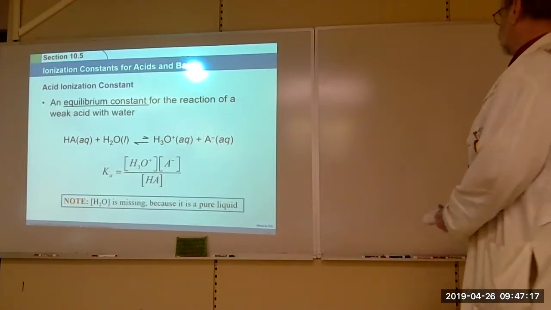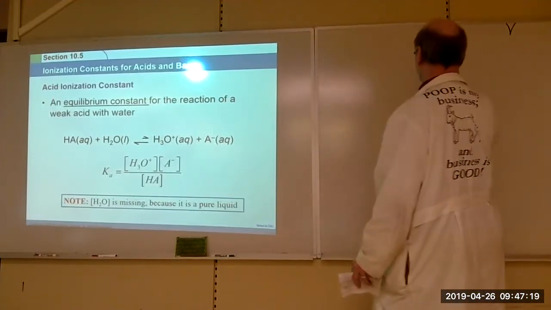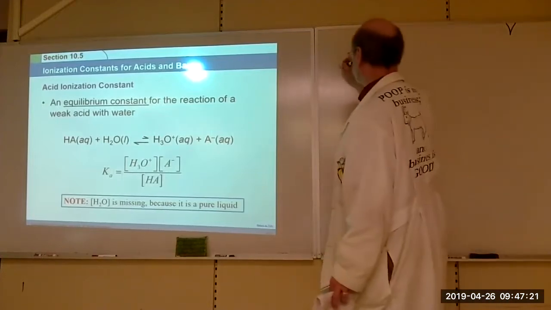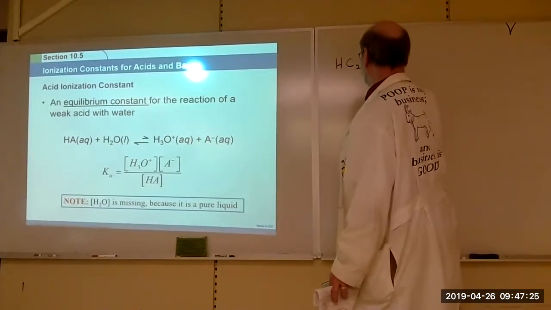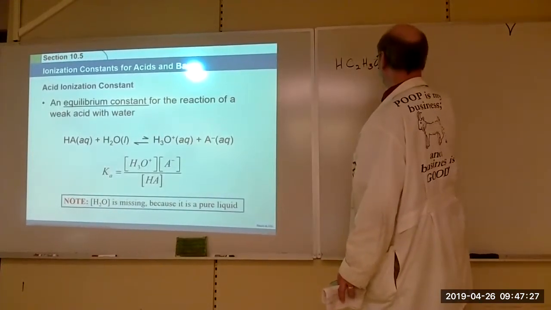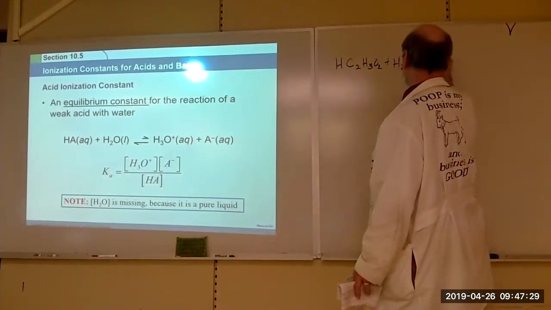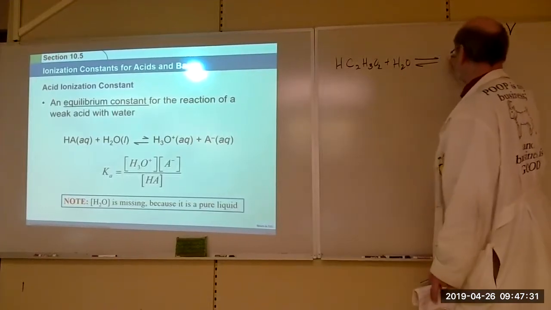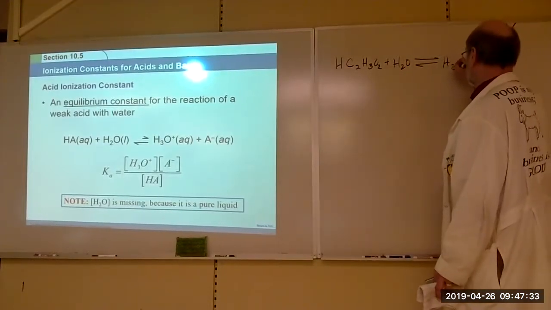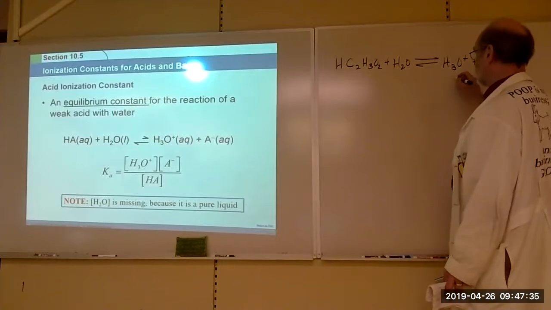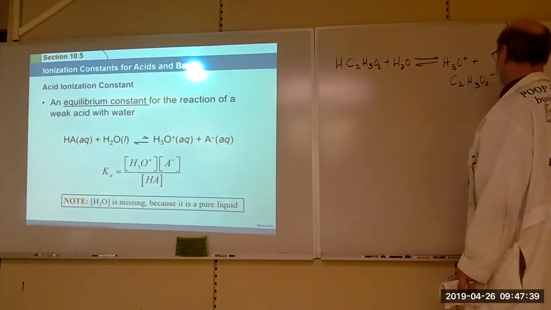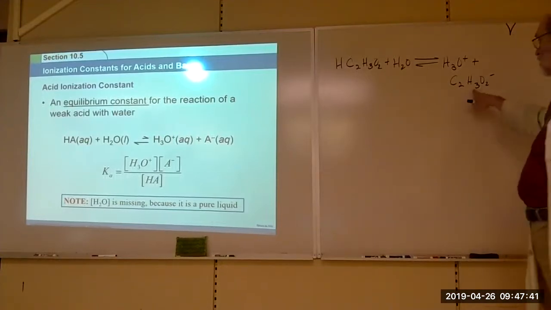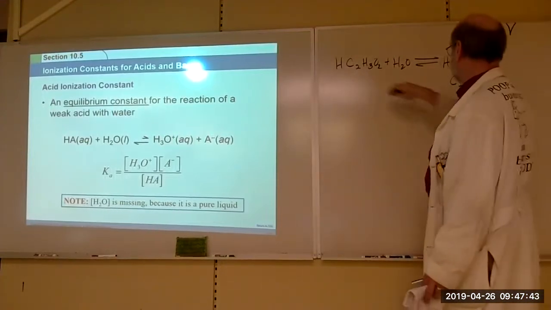For instance, acetic acid. Okay, reacted with water, and you get hydronium plus acetate. Okay, so there's your conjugate base from a weak acid.